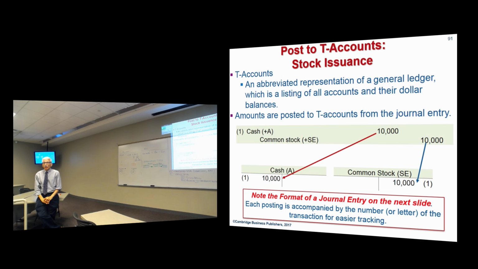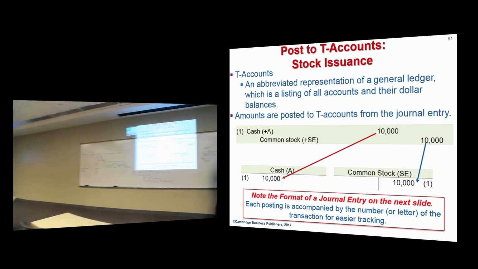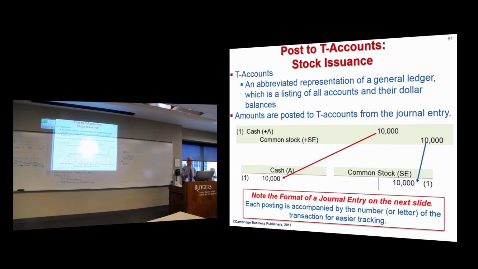The source of cash has to be identified. So I need to know it's the asset cash, and I need to know that the source of cash was common stock. And as obvious as that may sound, I've seen exams where somebody's got an expense and they debit retained earnings directly. You can't do that. So it's got to be coming from a specific type of expense. And the format has to be exact. We'll talk about the format in a second. And I would reference, even if you're doing something in paper and pencil, I know everything's done on computers.